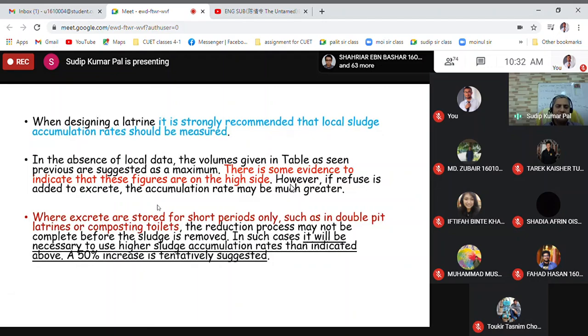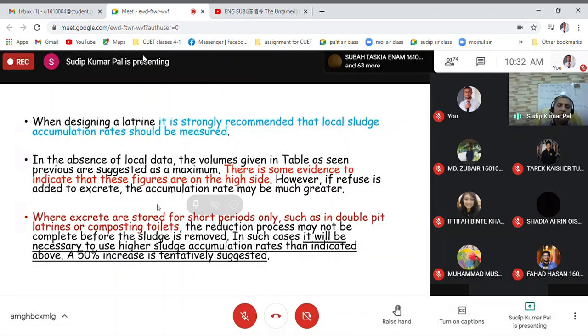But in the second paragraph, however, in absence of local data, the volumes given in the table, as you have seen, are suggested as the maximum. That is maximum. So there is some evidence to indicate that these figures are on the high side. However, if refuse is added to the excreta, the accumulation rate may be much greater. So sometimes the toilet is not only used for toilet purpose.